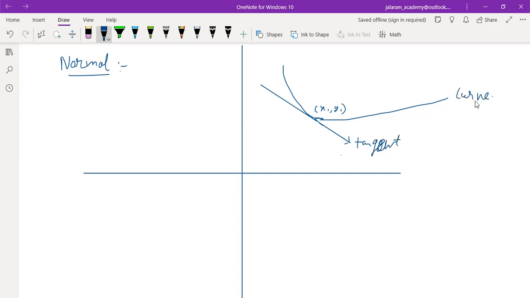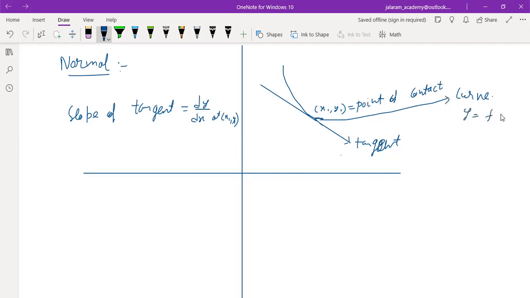This is the curve, and we have studied that the slope of tangent is obtained by dy by dx at the point of contact, which is x1 comma y1. Point of contact means where the tangent touches the curve y equals to f(x) at x1 comma y1.